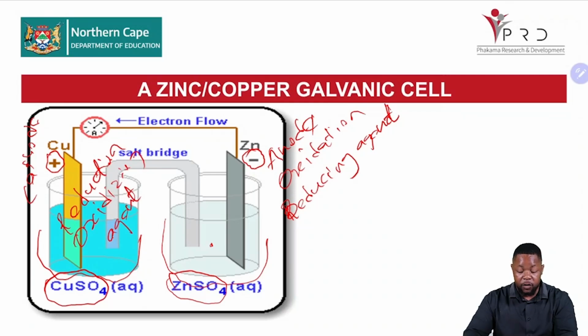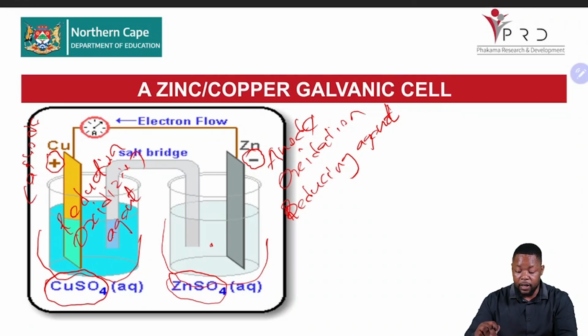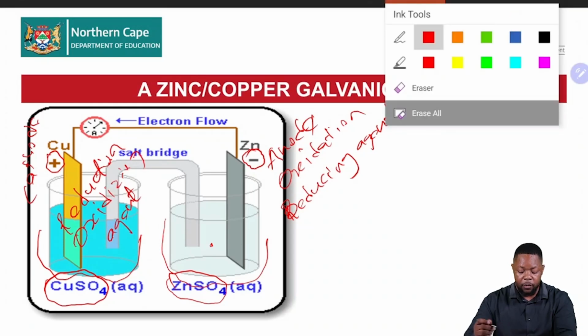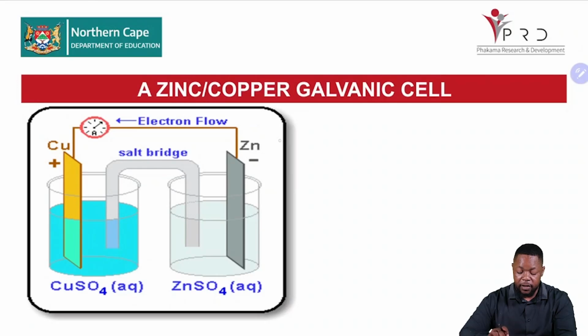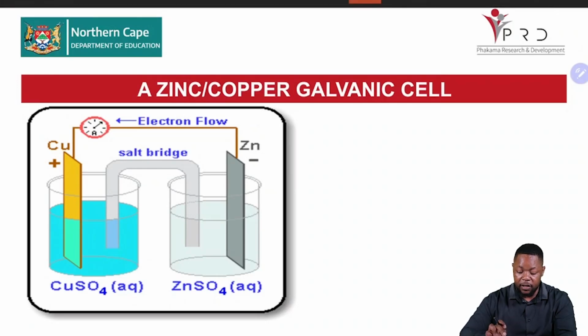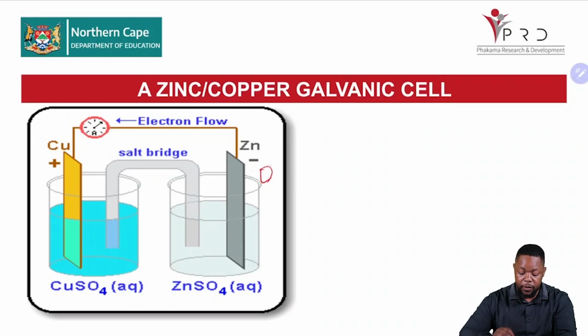So that is what we have learned so far, and we want to now carry on with those lessons. Now, we want to look at the electron flow. We know that at the anode, that's where oxidation takes place, and oxidation is the loss of electrons.